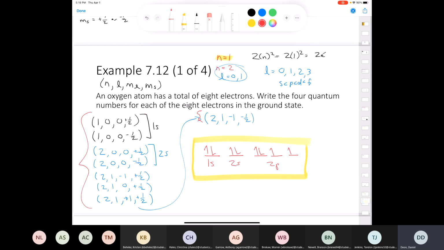You can actually write that out like this. You can just say 1s2, 2s2, 2p4. And now you know what those superscripts mean. The 2 electrons are the 2 electrons with opposite spins in the 1s orbital. These 2 electrons are the 2 electrons with opposite spins in the 2s orbital. And these are the 4 electrons in the p orbitals.